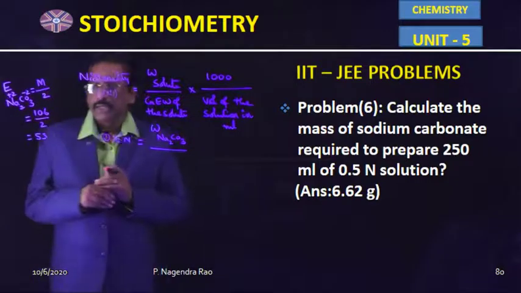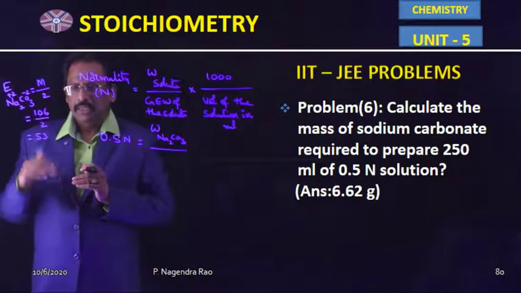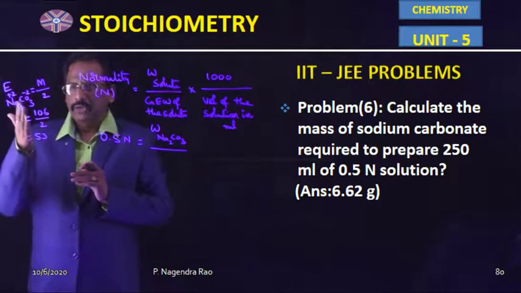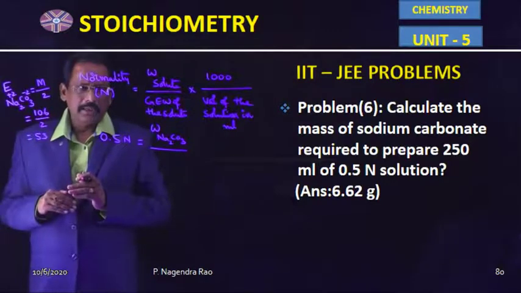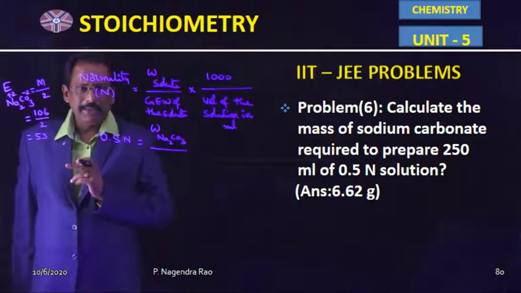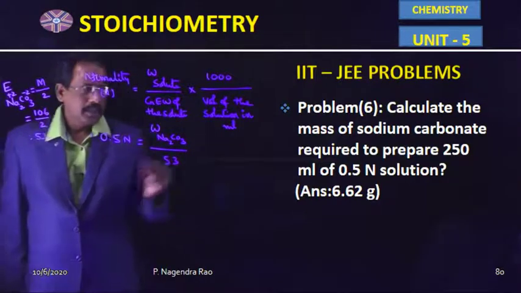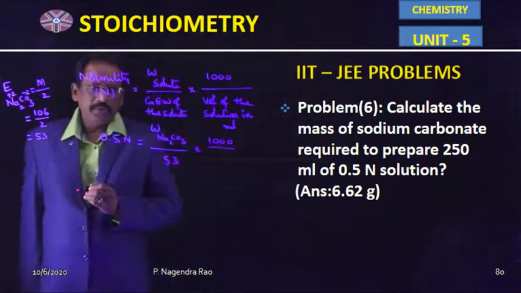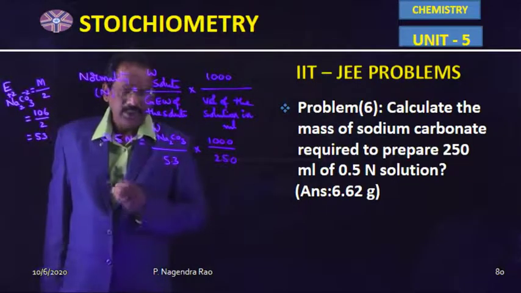In the case of sodium carbonate, the molecular weight is 106, but its equivalent weight is 53 because the total positive or negative charge present in this salt is 2. So the gram equivalent weight of sodium carbonate is 53, into 1000 divided by the volume of the solution in milliliters, that means 250.